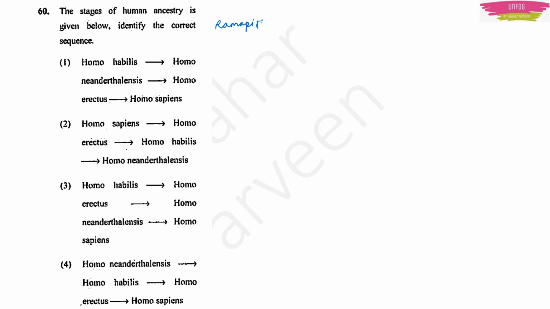Ramapithecus. Then after Ramapithecus came the Australopithecus. After Australopithecus, we have Homo habilis.